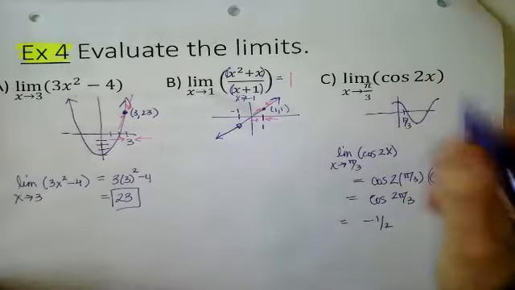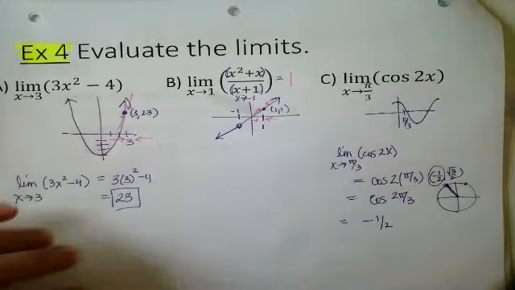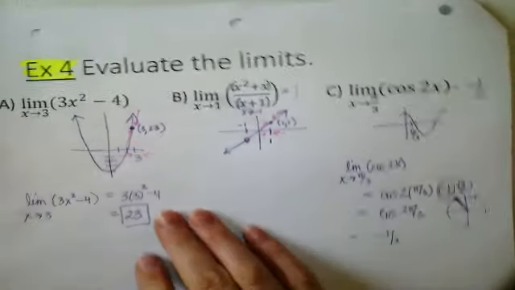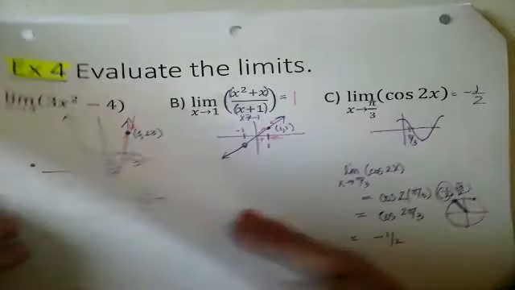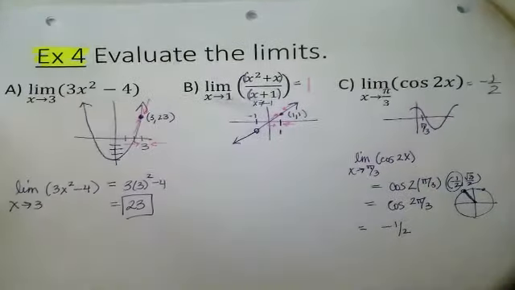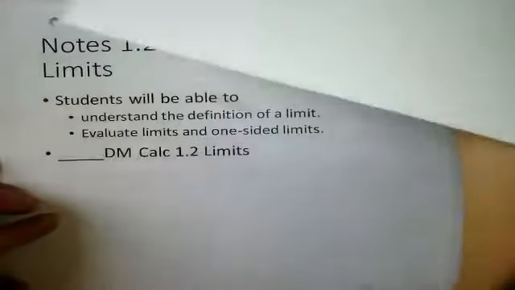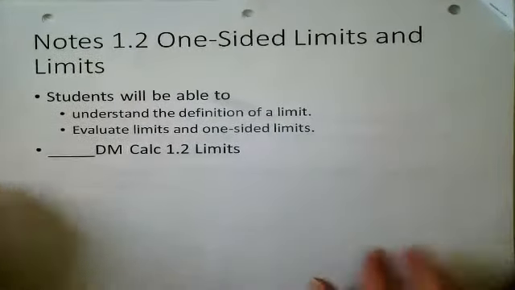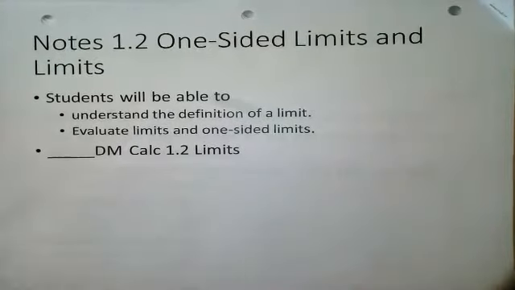My drawing was clearly not accurate, but that's okay. So this one, -1/2. So sometimes direct substitution is really easy to do. We'll talk more about that coming up. There you go, ladies and gentlemen. Remember, to have a limit, the limit from the left needs to match the limit from the right side of the x value.